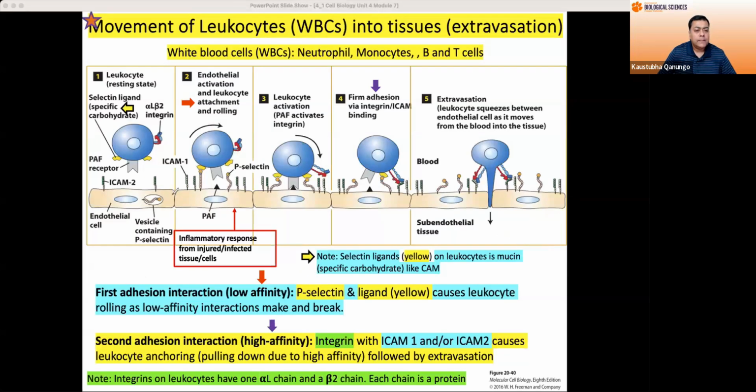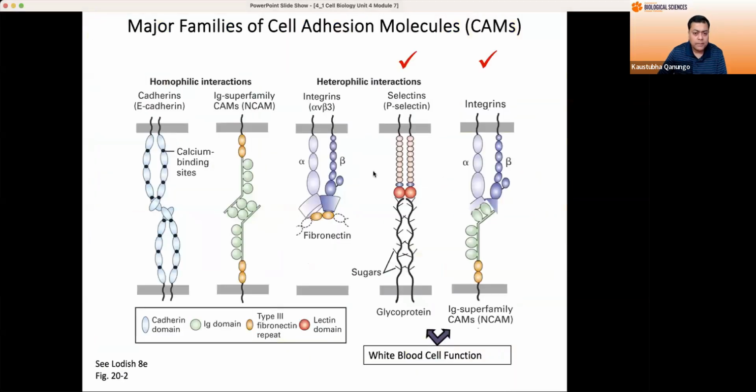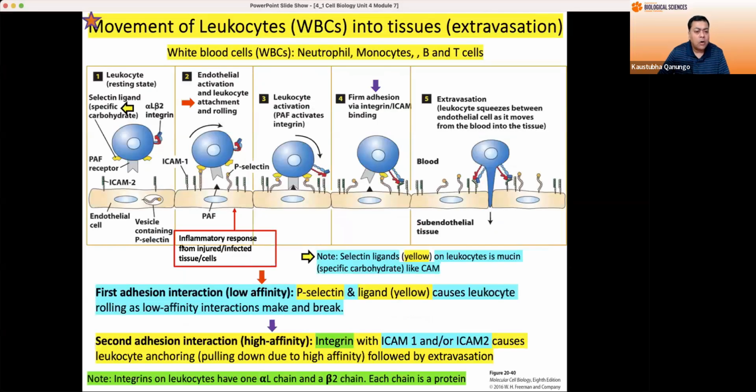So what happens in a normal condition is that these are the blood capillaries, and you have the vesicles where these P-selectins are. Where are the P-selectins? Remember that these have the lectin binding domain, which can bind to sugars. They are already preformed through the protein synthesis pathway, and these are essentially membrane bound proteins. You can see that this tiny tail is membrane bound on the vesicle membrane, and these are synthesized through the secretory pathway.